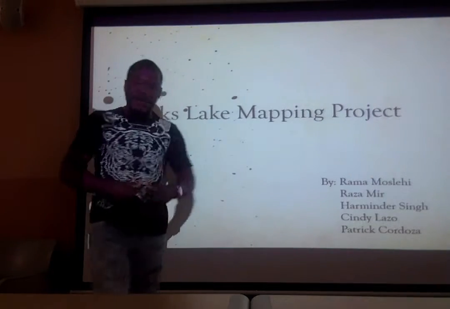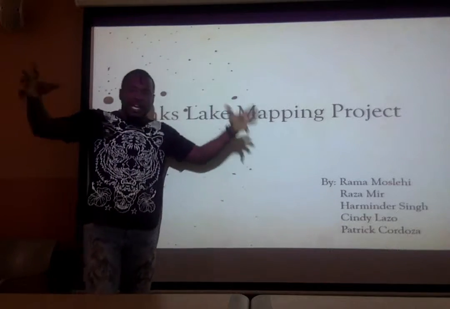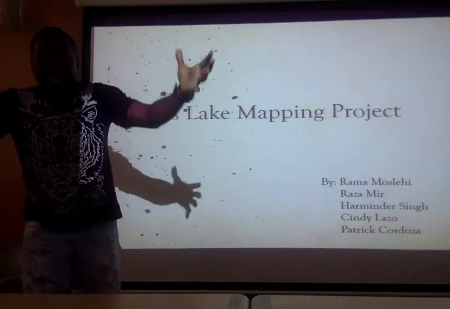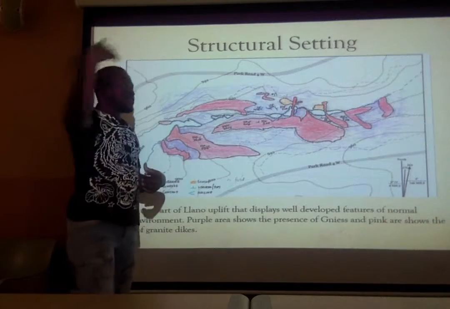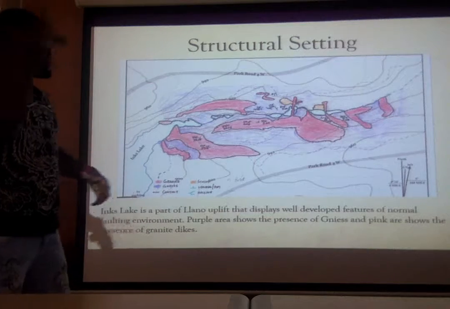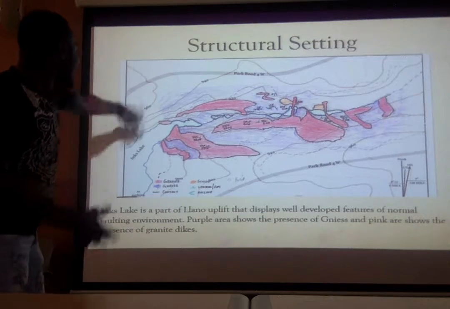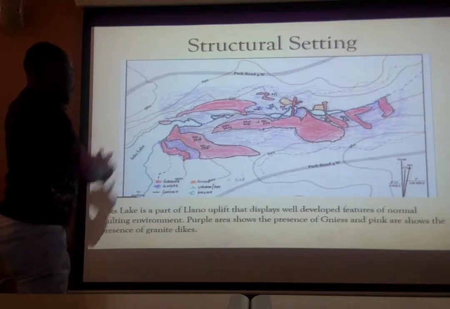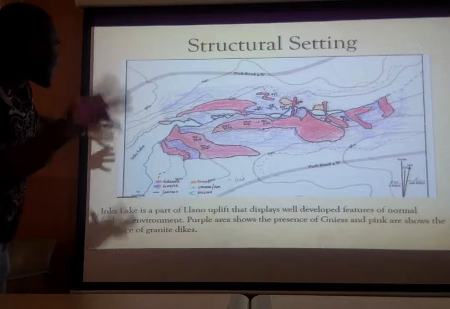The study area is basically a Precambrian Valley Spring gneiss, which has been metamorphosed as a result of high pressure and temperature, and we have some granite that has intruded the metamorphosed gneiss.